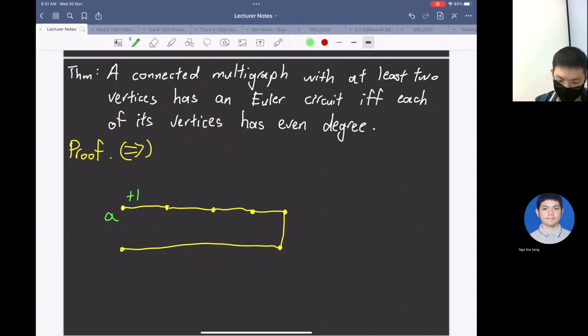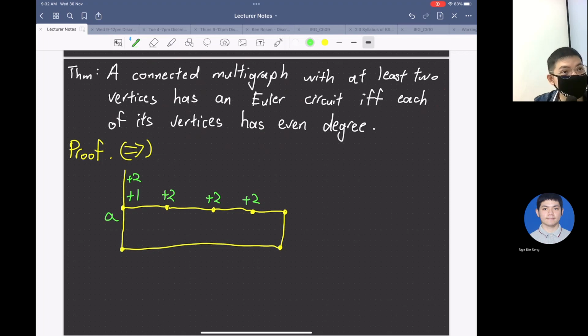And then you keep moving. Each time you pass a vertex, it's +2 degrees to the vertex, because you need to go in and then go out. Automatically you add 2 to the vertex. It doesn't matter if the path passes through A again; it will add an even amount again. Makes sense.